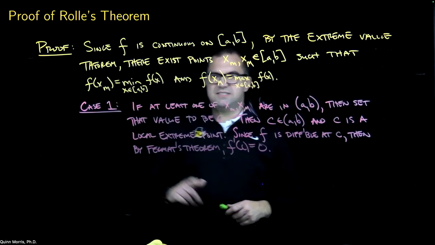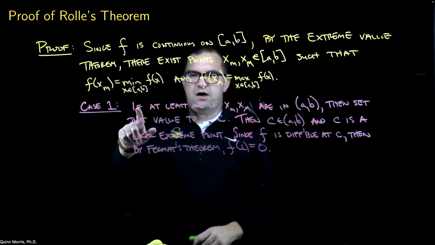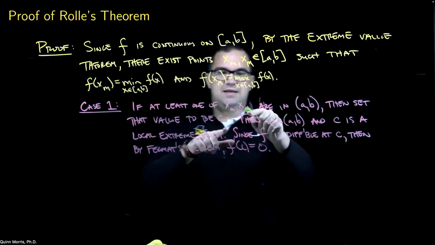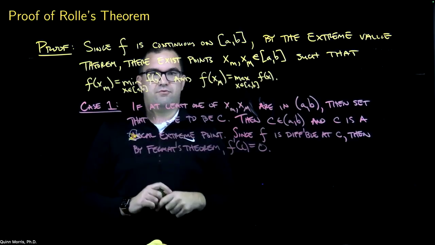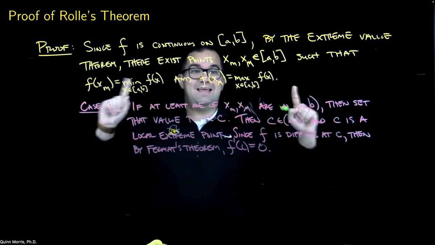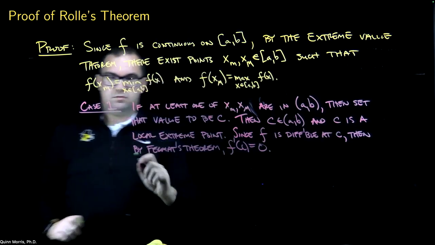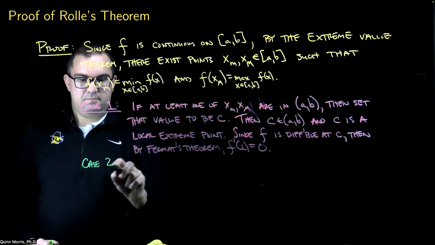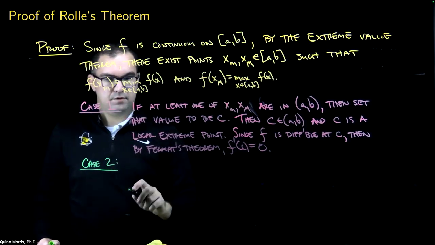All right, well, what's case two? I need to cover all my cases. This covered the cases where at least one of the points, x sub little m and x sub capital M, were in the open interval. So the only other case I need to consider is what happens if they're both at endpoints. Okay.